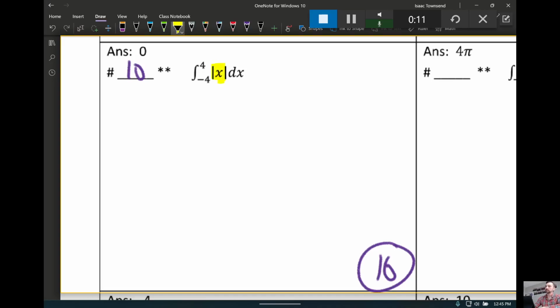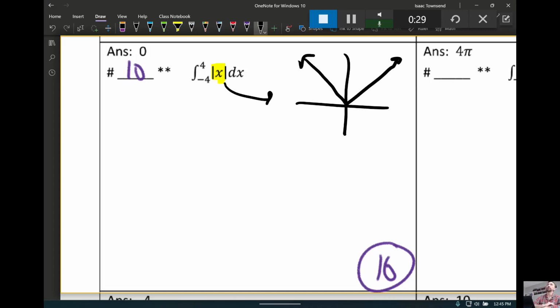But now notice there's 2 stars here. When I got to this question, I had to go back to the directions on the first page, and the 2 asterisks say you may need to use geometry. So what I did was I thought of this graph. Absolute value of x is a parent function that we should know. And then we are trying to find from -4 to 4.